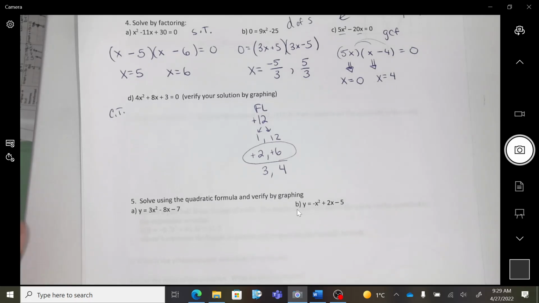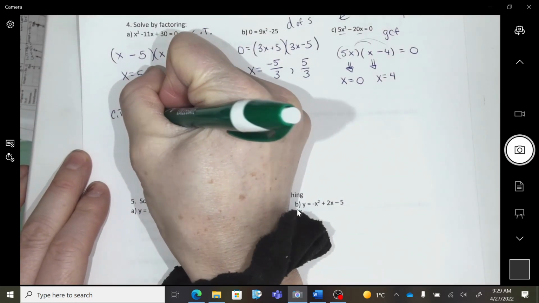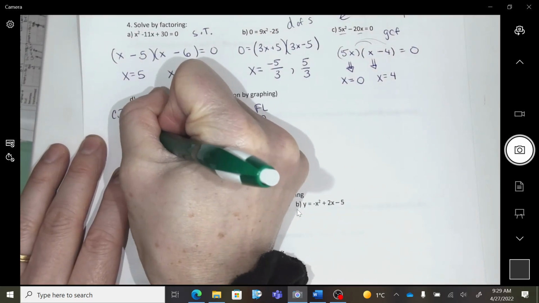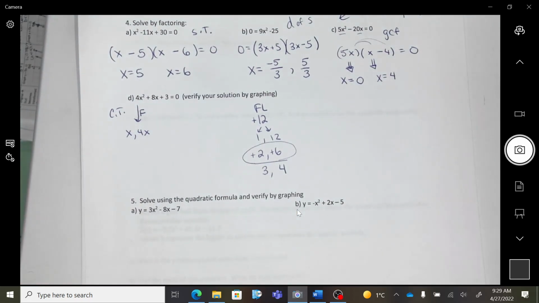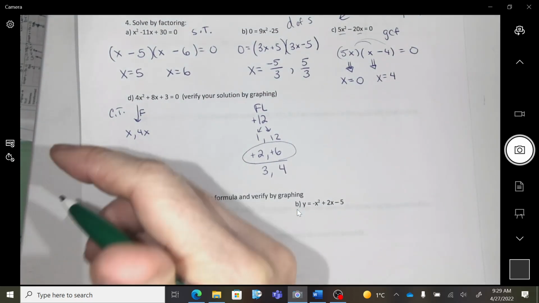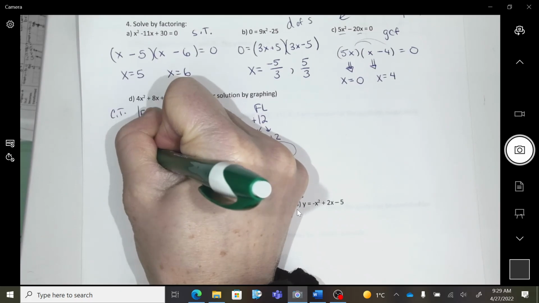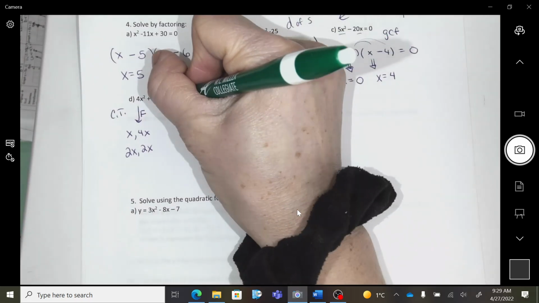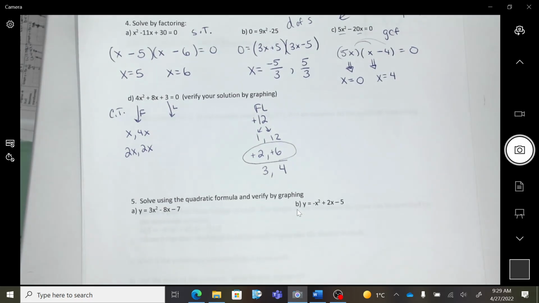Okay, now I'm going to do, what are my options for the first? So I could go 1x times 4x. That's a way I could have done it. Or I could do 2x times 2x. How do I get the last?